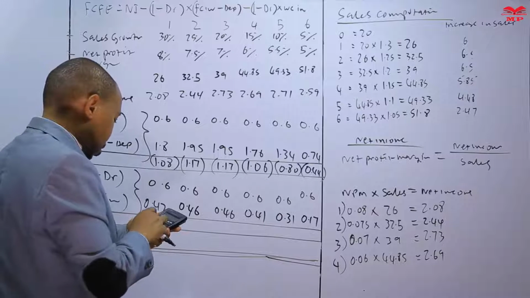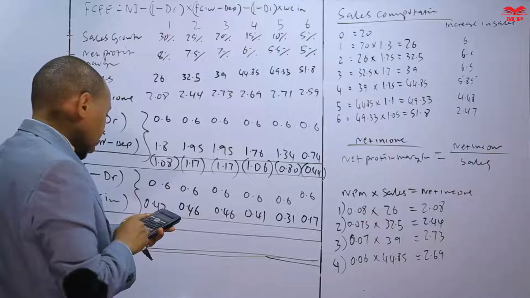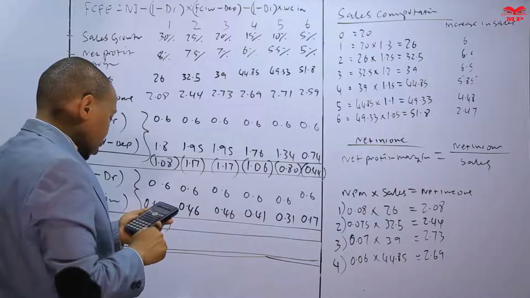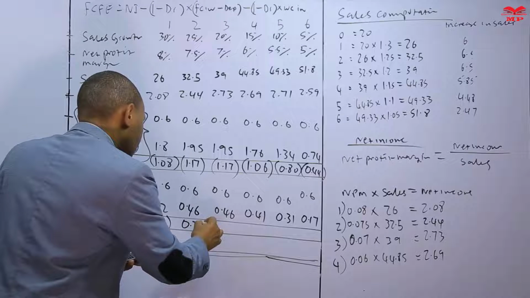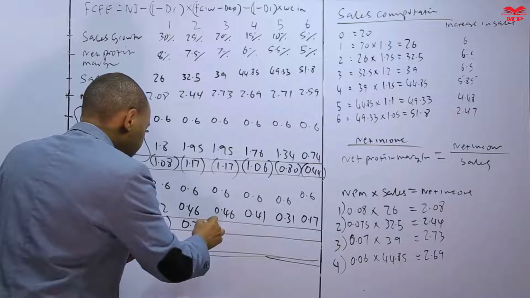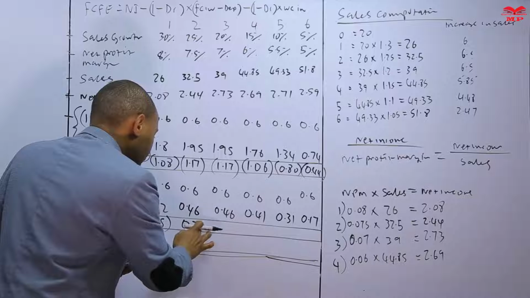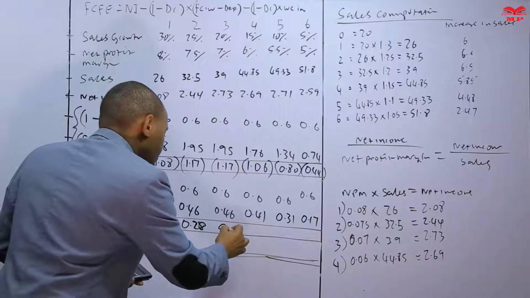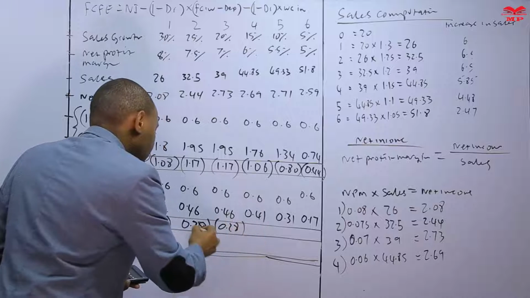Then we have 0.6 multiplied by 0.46, 0.276, that's it, 0.28, 0.28 as well there.